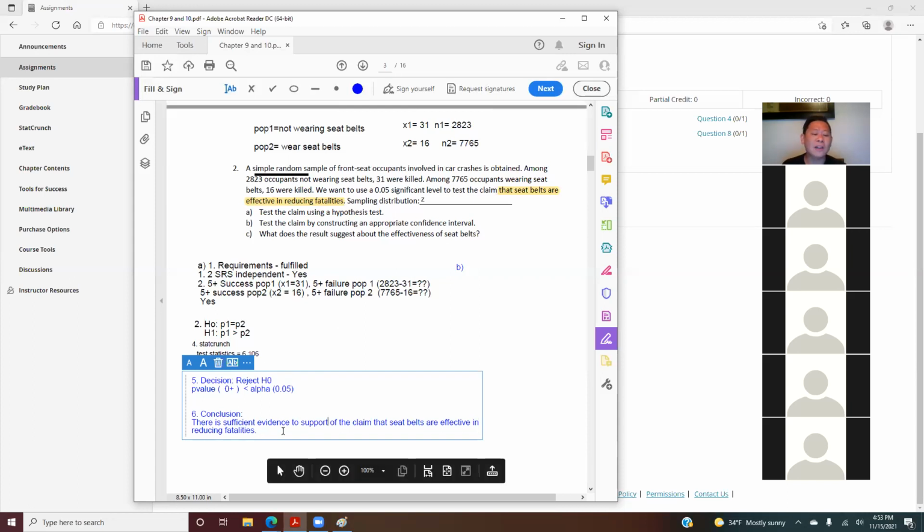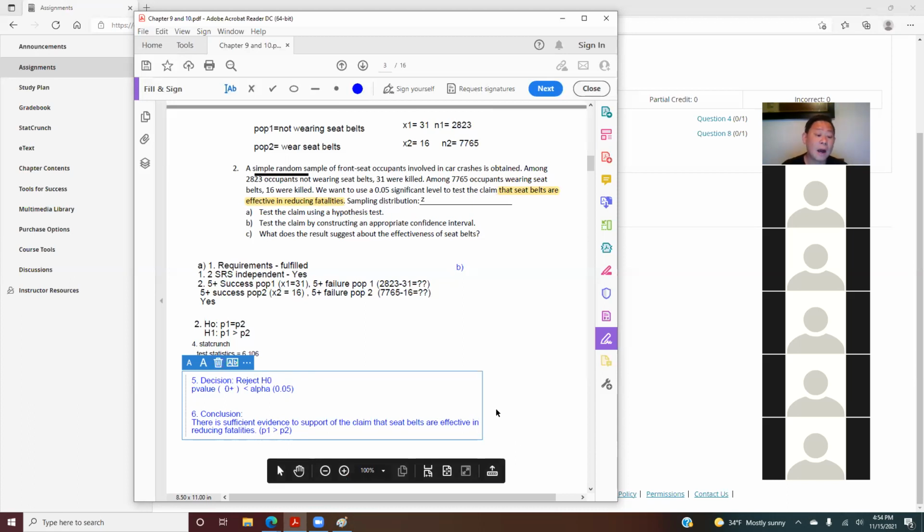So what does it mean when you write this conclusion? There is sufficient evidence to support the claim that seatbelts are effective in reducing fatality. Is that P1 equals P2 or P1 is greater than P2? Greater than.